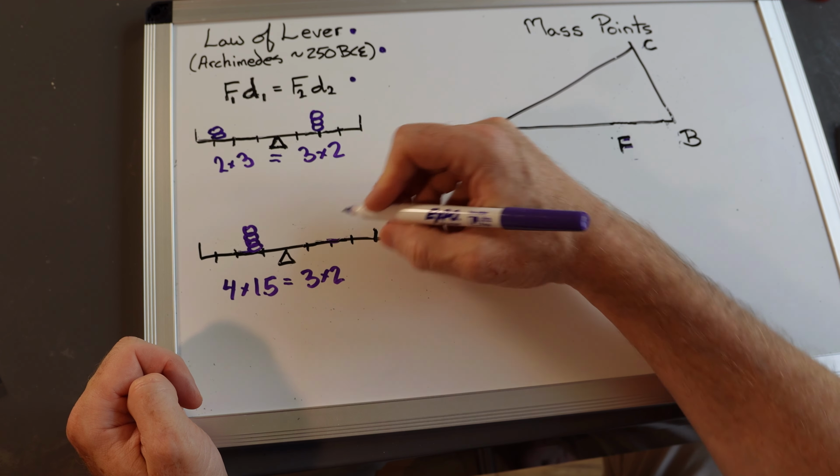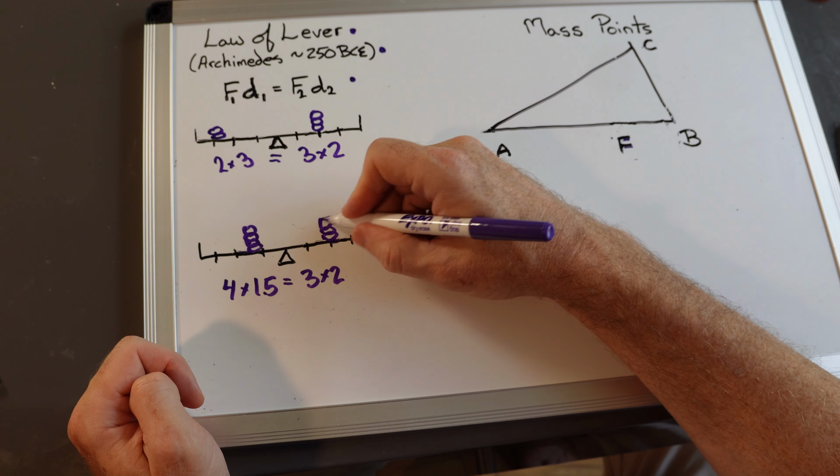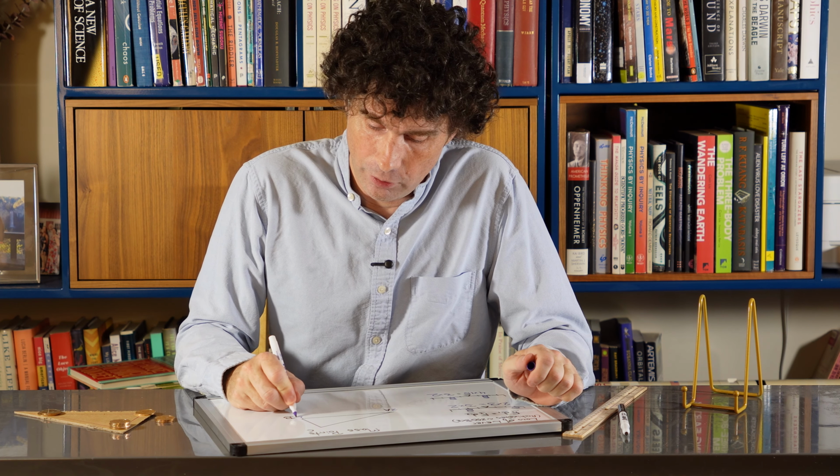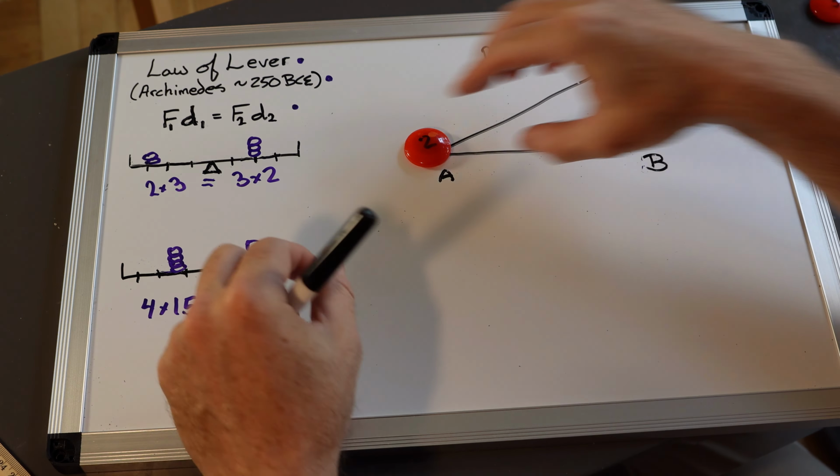I've drawn out our triangle with the vertices and masses 2A, 4B, and 3C.